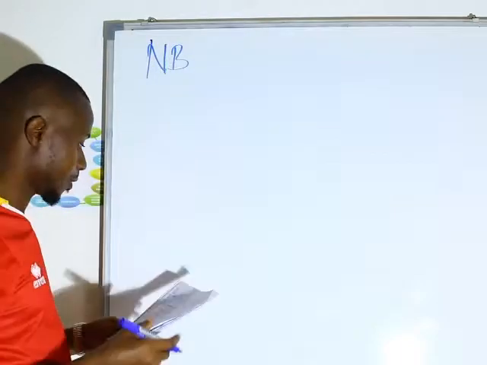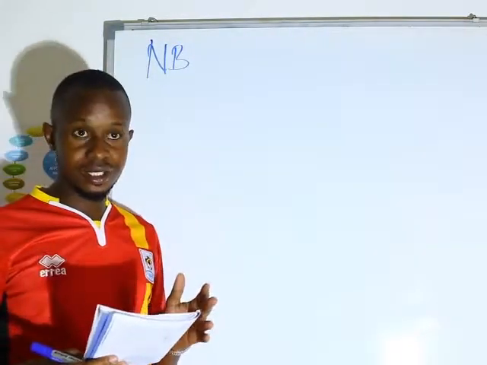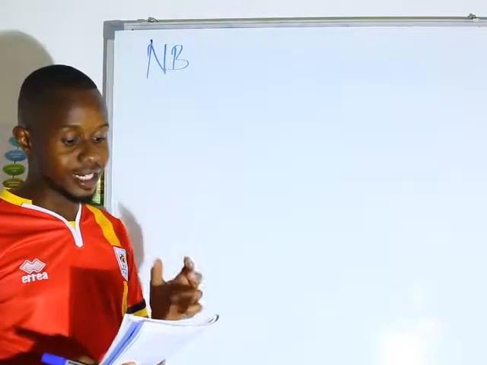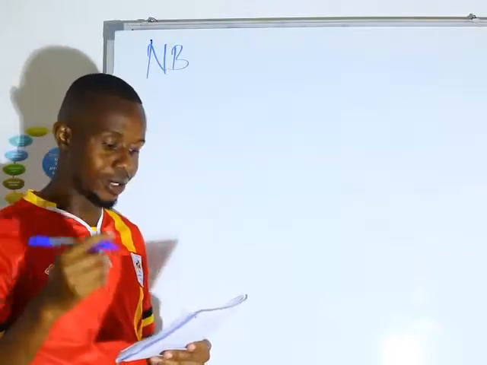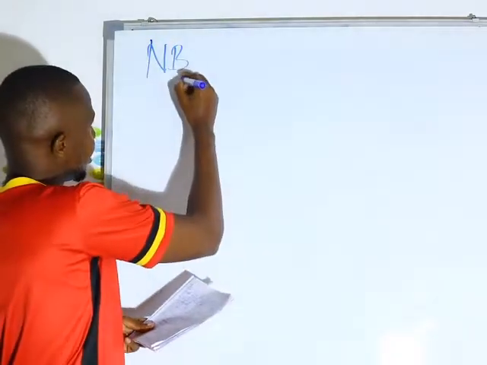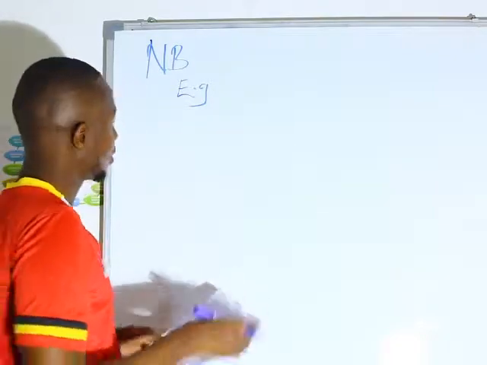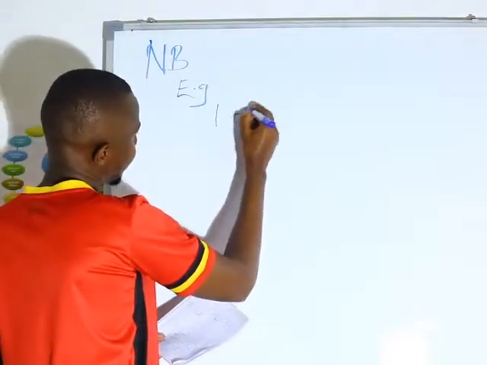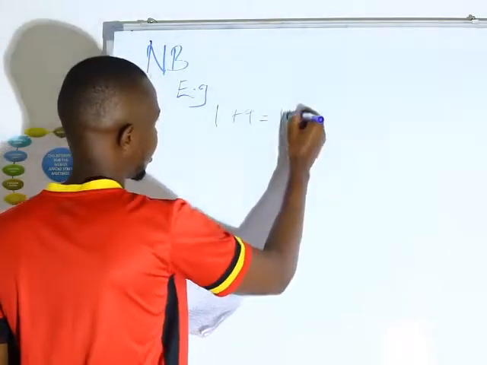NB, when every number in the counting system beginning from 1 is added onto 9, its numeric sum is always equivalent. Let us see it in examples. E.g., 1 plus 9 equals 10.